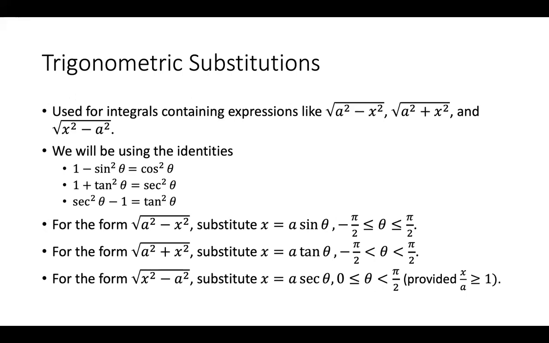Then this substitution will work as long as theta is greater than or equal to 0, but less than pi over 2. If x over a is less than or equal to negative 1, then you have to look at theta being in a different interval. But we're not going to worry about that.